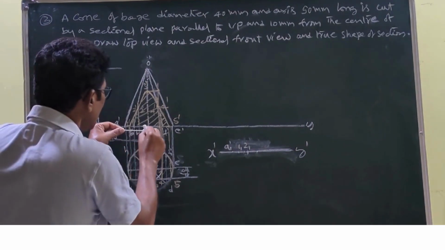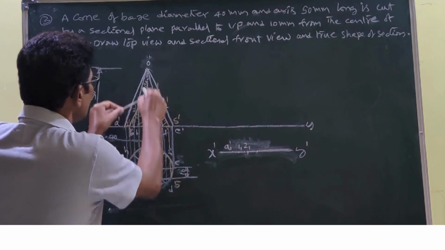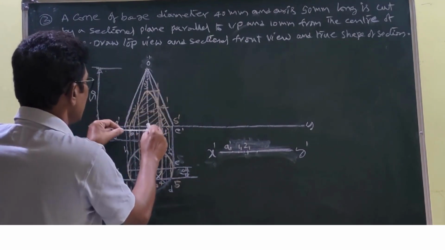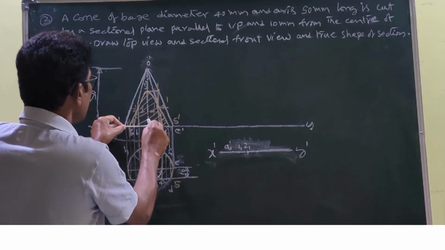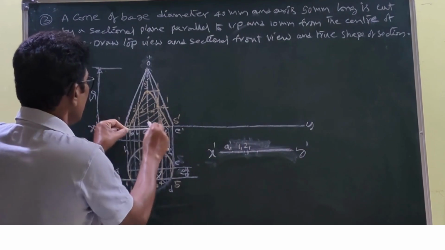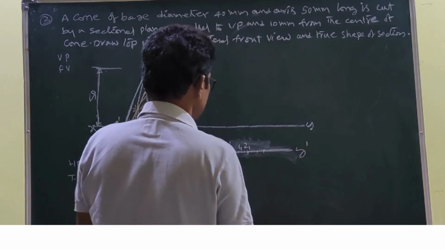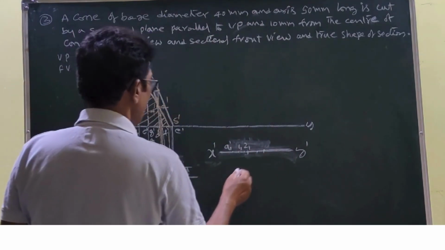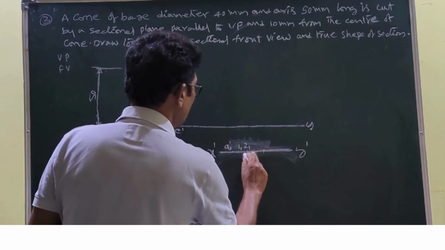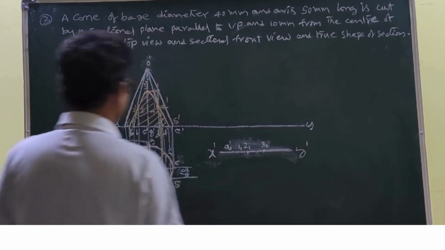Next, you make it axis a dash, and because it is the axis, the 3 generator and the axis are also passing through the same line, so a dash and generator. So this is a 2 dash and 2 dash. This is the 3 1.